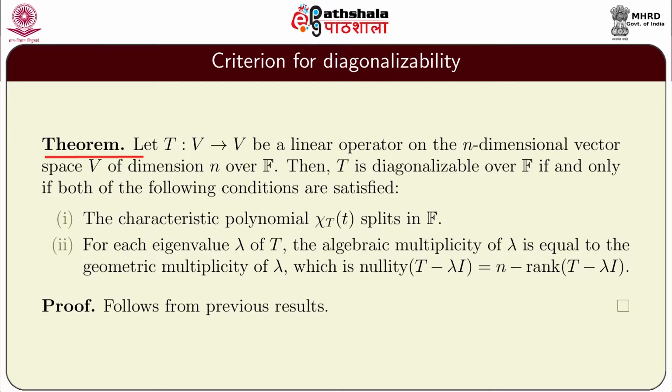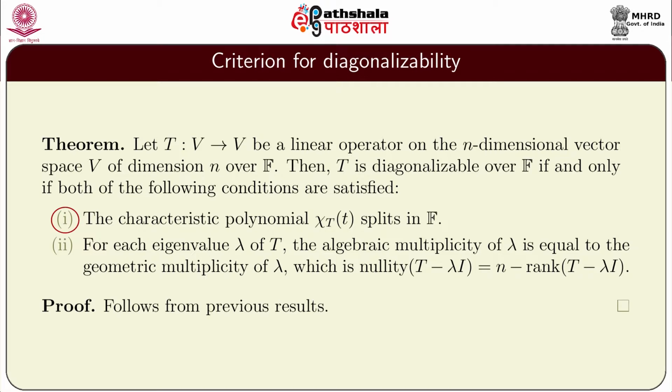This theorem tells us about the same criterion for diagonalizability, but written in a slightly different form. So, let T from V to V be a linear operator on the n-dimensional vector space V over F. Then T is diagonalizable over F if and only if both of the following conditions are satisfied.